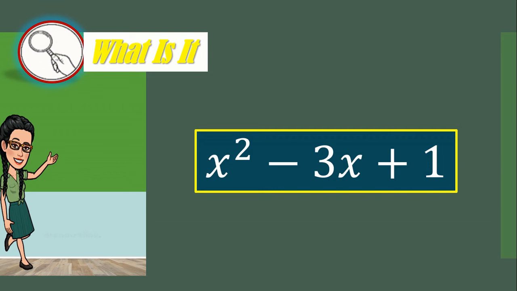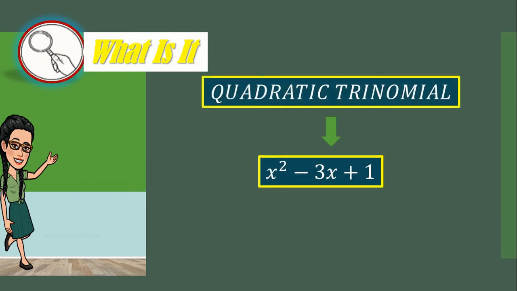What is it? X squared minus 3x plus 1 is an expression called quadratic trinomial. When we say quadratic, it means that the highest degree in the polynomial is 2. Where do we find that? You find the highest exponent.